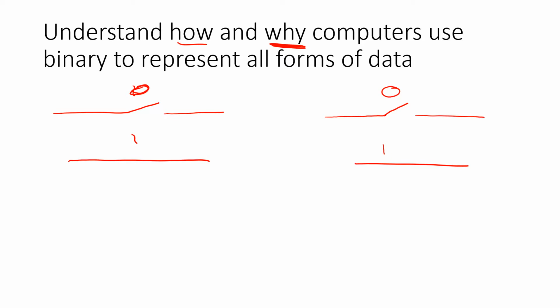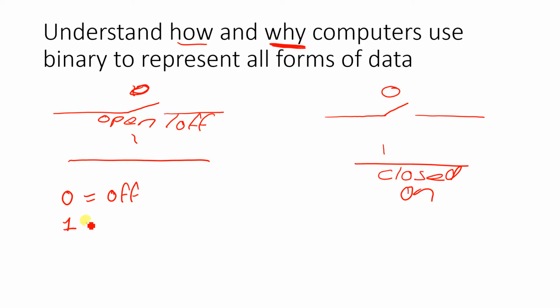So this is what binary data is. It's just saying that a switch is closed or on, or saying a switch is open or off. So that's the ones and zeros, that's what they're doing: 0, the switch is switched off, and 1, the switch is switched on.